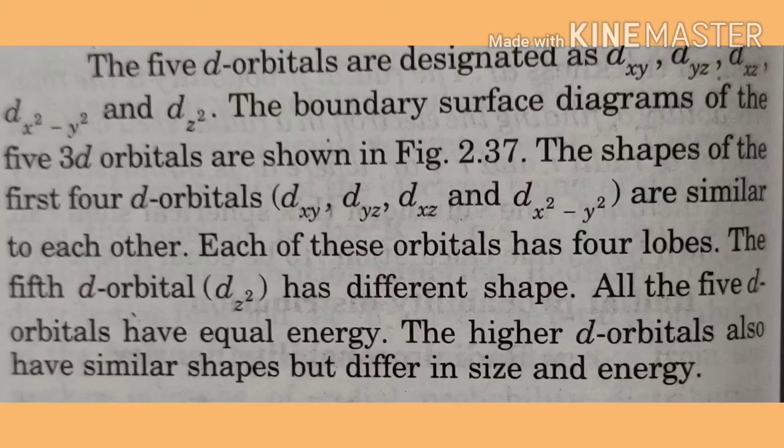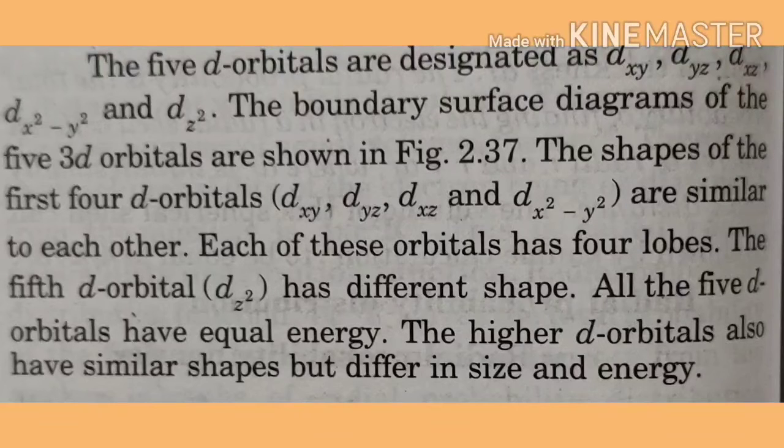So we'll see the diagram for the d orbital and the description for it. The 5 d orbitals are designated as dxy, dyz and dxz, dx square minus y square and dz square. The boundary surface diagrams of 5 3d orbitals are shown in the figure.